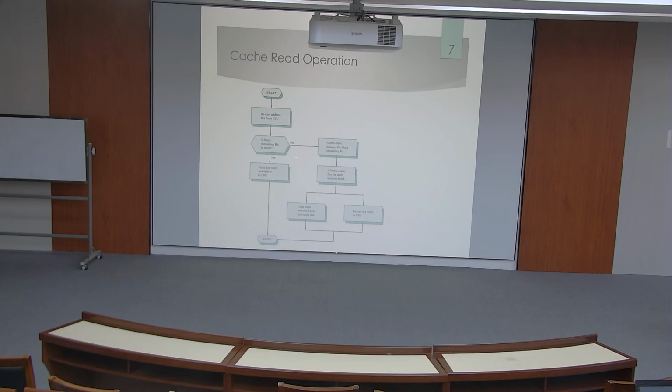That means the system fetches the LA word, it is delivered to the central processing unit, and it's done. But when the block is not in the cache memory, the fetch needs to be done in the main memory. That is the next level of the memory in our memory hierarchy.